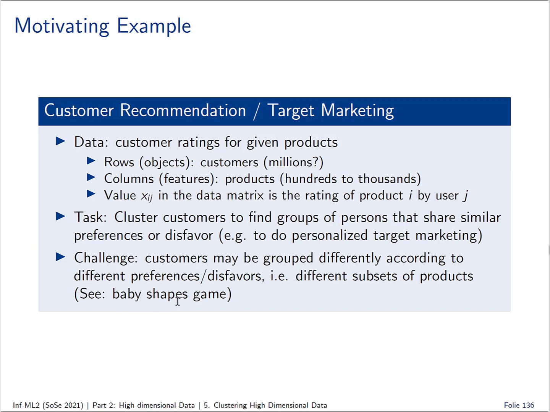So we had the baby shape game, we had these toys, and each toy could go in different clusters, depending on the semantic level. So one was a clustering according to the color, and one was a clustering according to shapes. The toys, the items, go into different clusters according to those different semantic levels, shape or color.